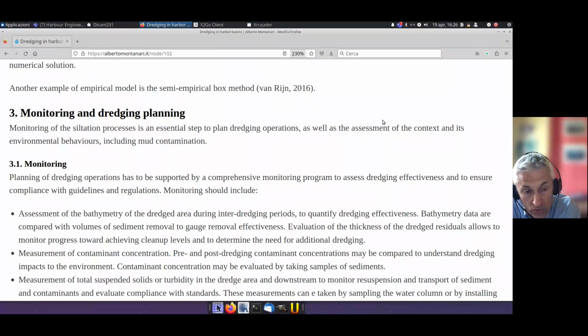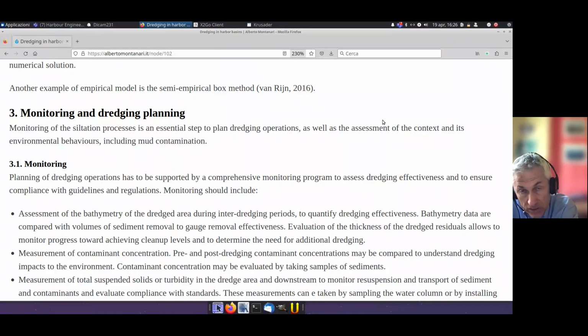We need to measure the contaminant concentration, I mean the quality of the sediments, the concentration of contaminants in the sediment. And this is important for planning the displacement of the muds and the sediments that we dredge.